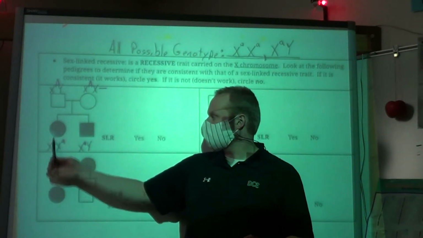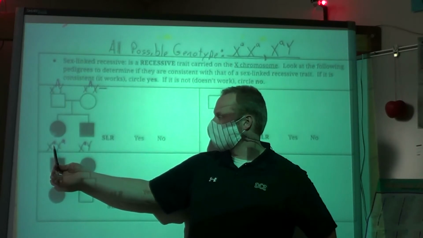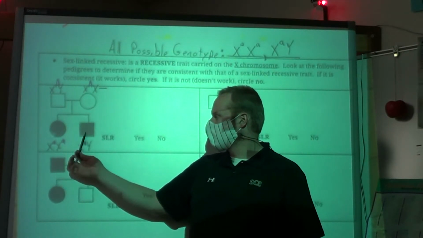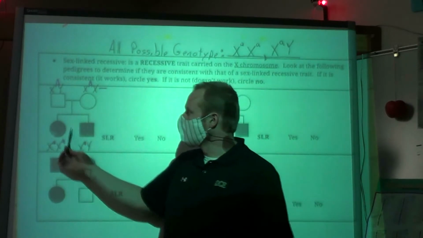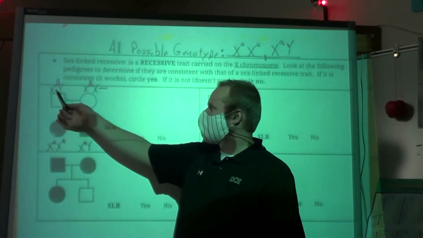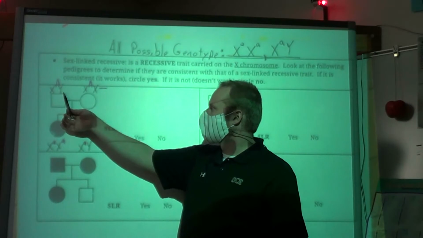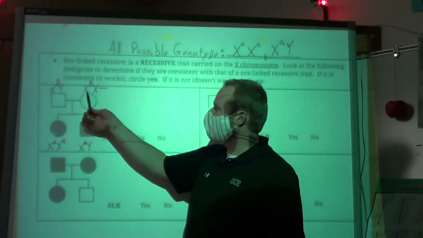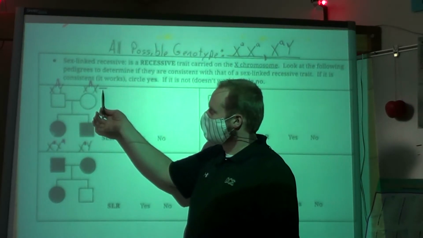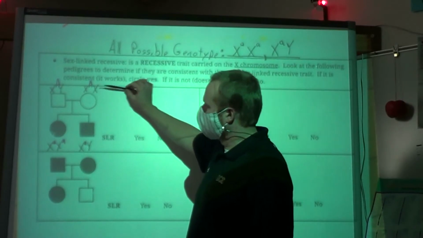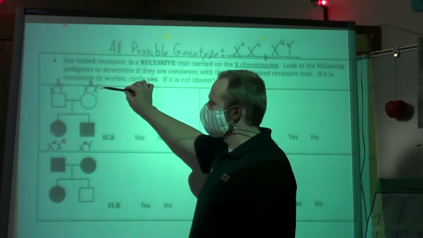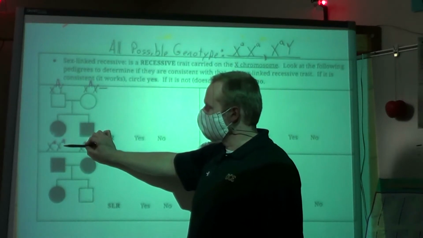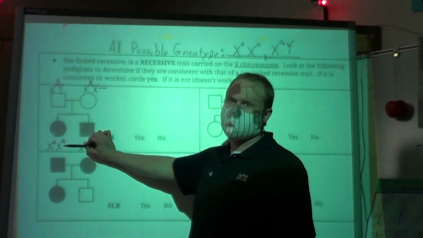So XX, shaded, the female would be X little a X little a. The boy who's shaded would be X little a Y. Dad, not shaded, is X big A Y. Mom, not shaded, must be X big A something. So is it possible for an X big A Y and an X big A X something to have a daughter who's X little a X little a?